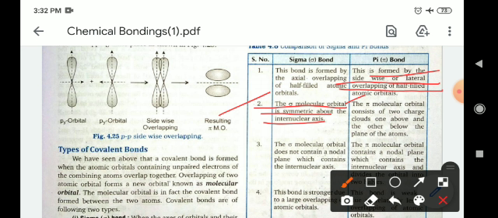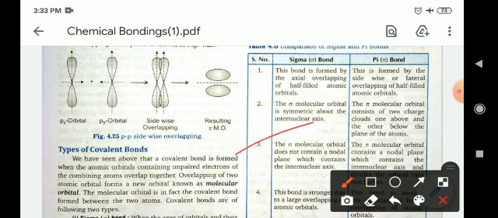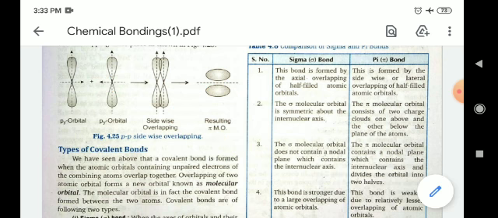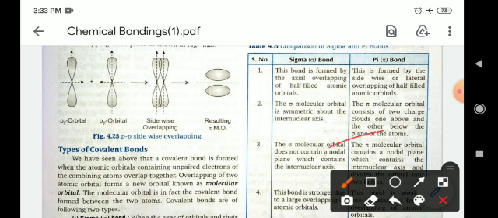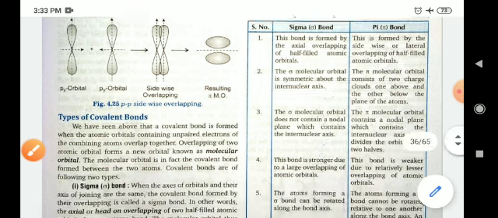The pi molecular orbital consists of two charged clouds, one above and the other below the plane. The sigma molecular orbital does not contain a nodal plane which contains the internuclear axis. The pi molecular orbital contains a nodal plane which contains the internuclear axis.